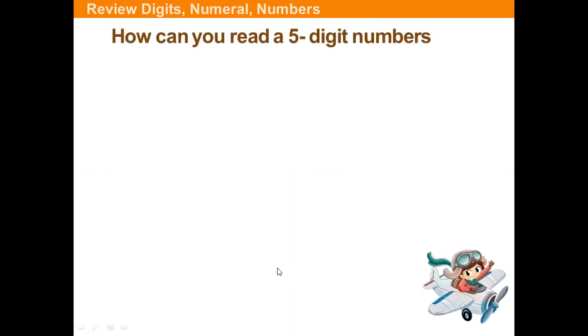Let's go to the second slide. Okay. How can you read a 5-digit number? We have 8 and 9 and 4 and 5 and 7. So I will help you again to read the number. We will break my number into families.